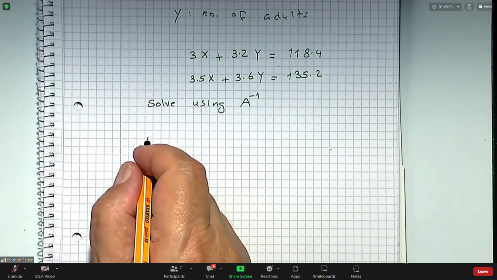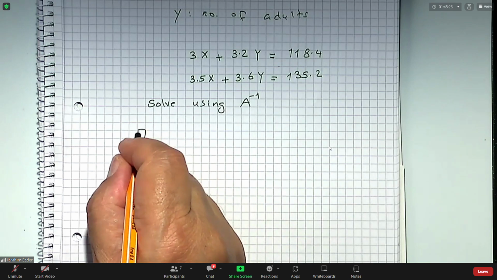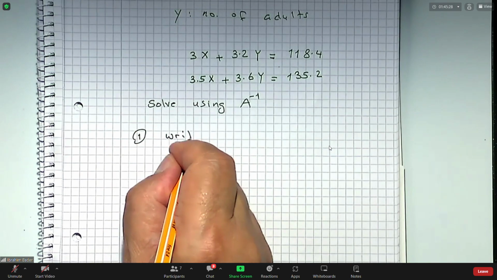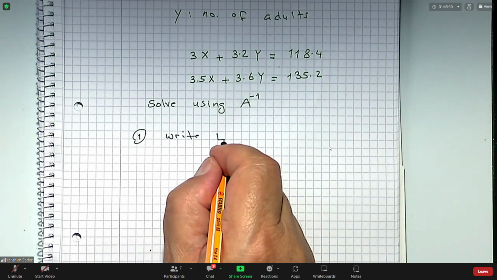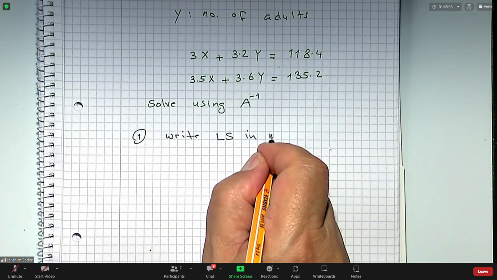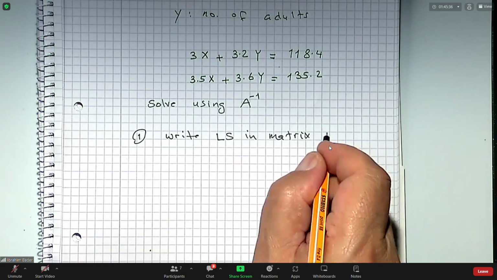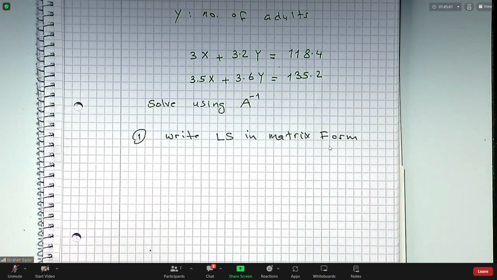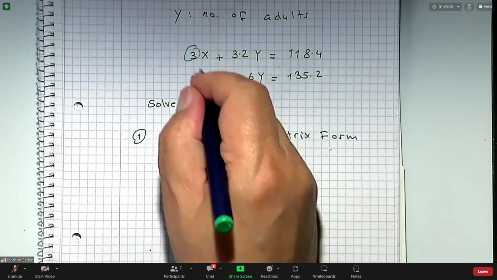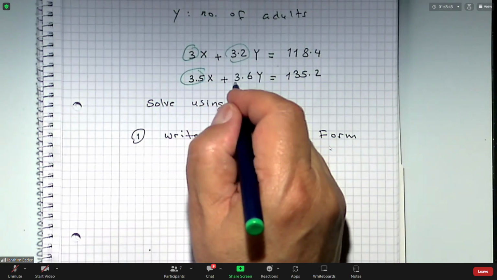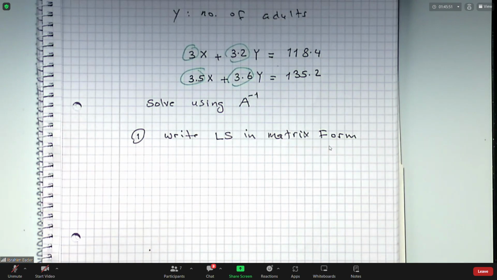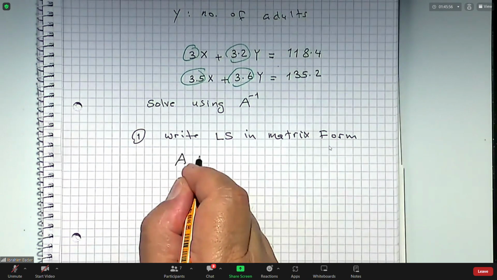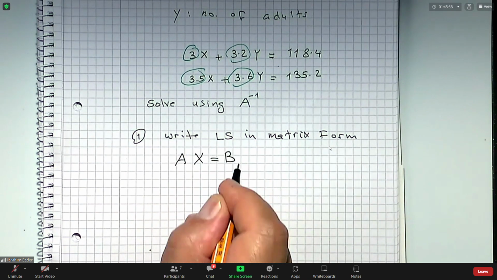Now, the first step here is to write the linear system in the so-called matrix form. I hope it's very straightforward and clear for everyone. What you do here is you take the coefficients and put them in a matrix. So in this case, it means A capital X equals B. This is the general form.